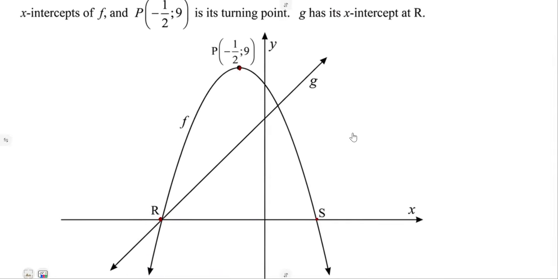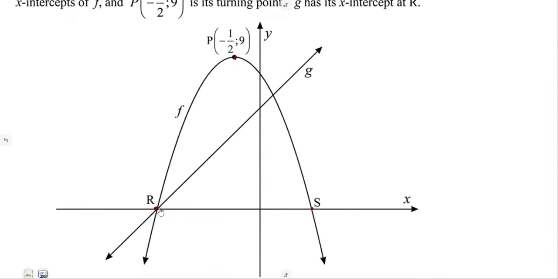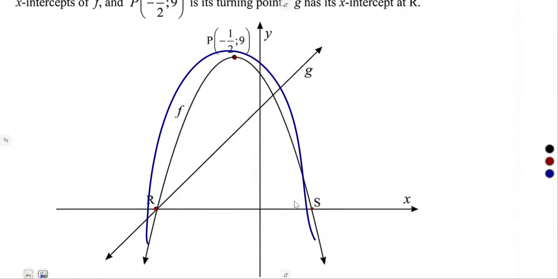Because r is on the straight line, it is part of the straight line. So we can use the straight line to answer this question, because r is the x-intercept of g. So that is what you can actually use.